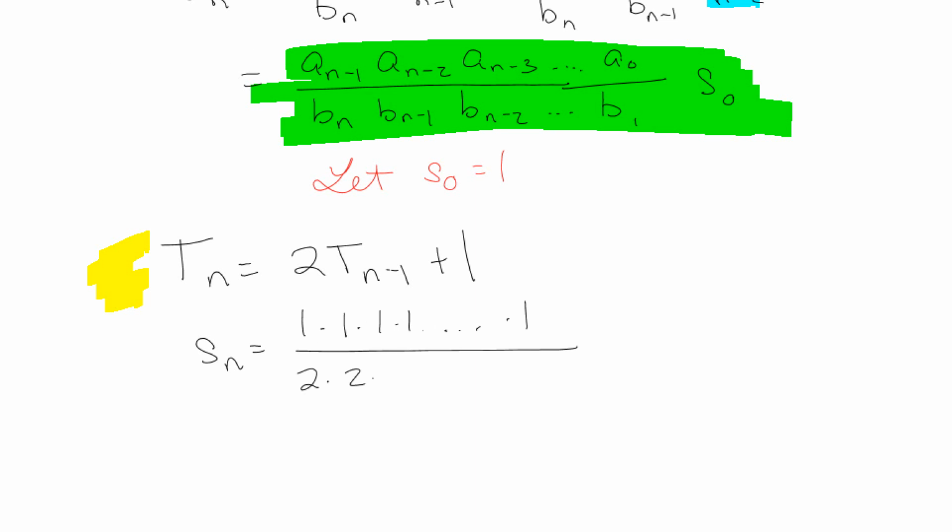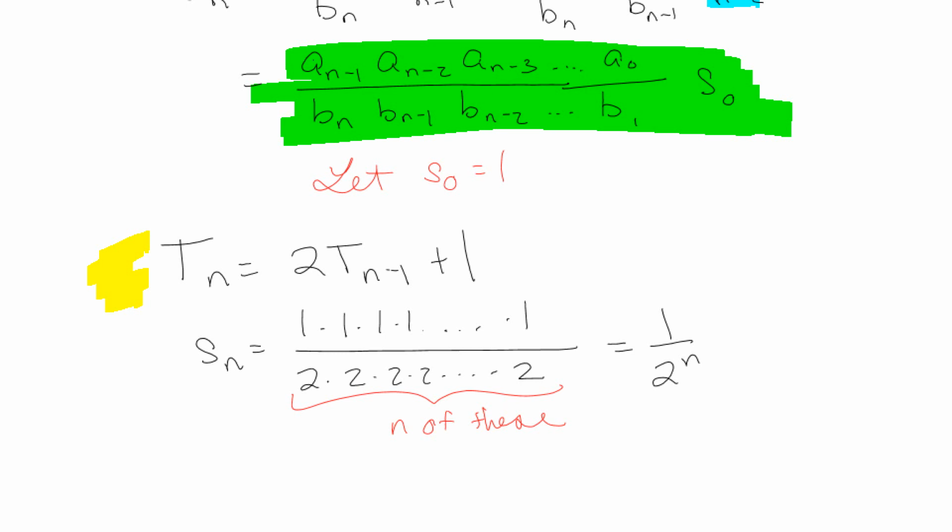And on the bottom we had 2 times 2 times 2, all the way to 2, and there were n of these, which means that we had 1 over 2 to the n, which is why we ended up dividing everything by 2 to the n. We were able to do this and come up with this. So this is actually going to work.